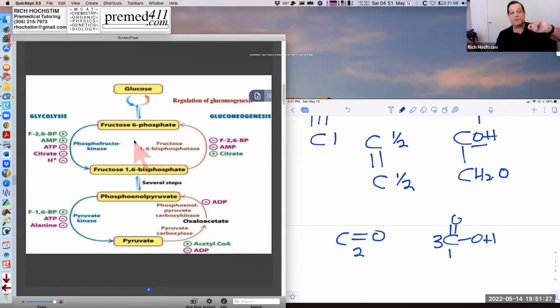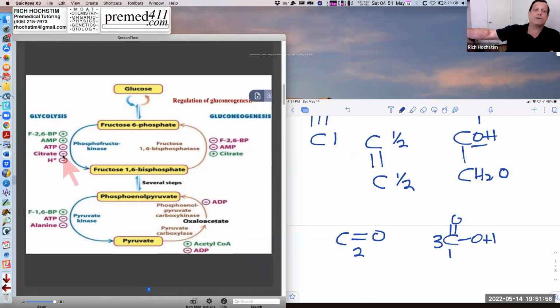But you get a whole lot of it if glycolysis is cooking. So if you've got a lot of this, you're going to make this go faster, like this. And over here, if you have AMP, that means you don't have a lot of ATP. So you're going to make this go faster. And if you don't have a lot of ATP, you make this go faster because you want to make ATP.